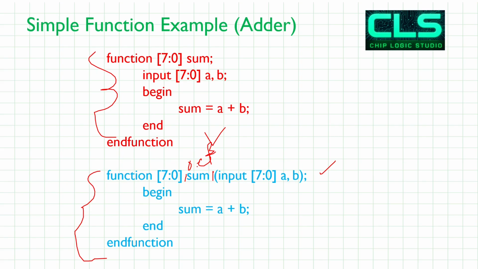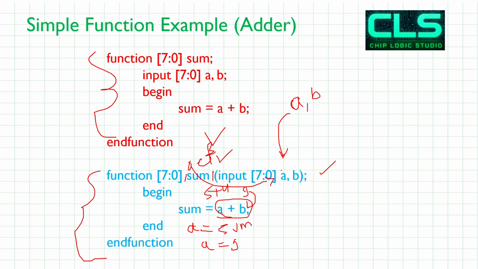But to summarize in short, for example, if a and b are global variables inside your module and we are using them here, a plus b, you are assigning sum to your a. So 4 plus 5 is 9, so 9 is inside your sum, and a will become 9. If you are using ref, then the reference will be given to your a, and your module's a will have the value 9.